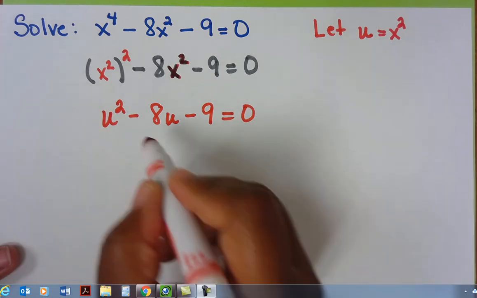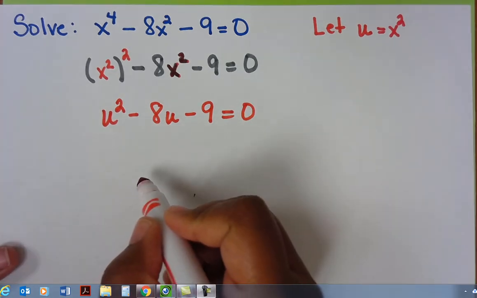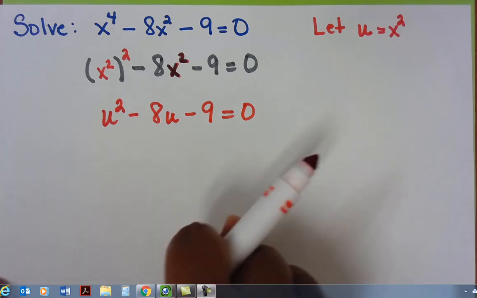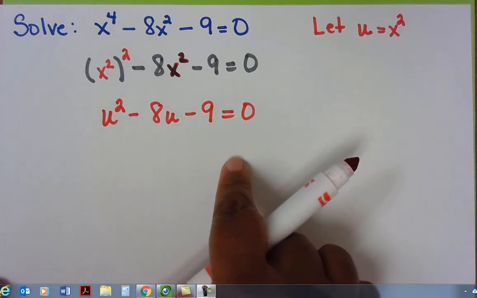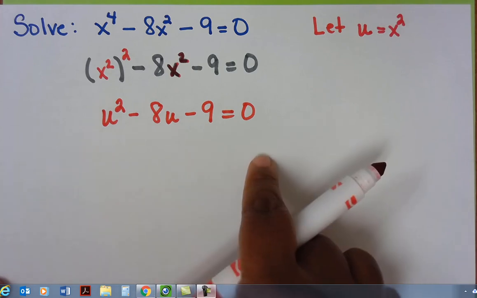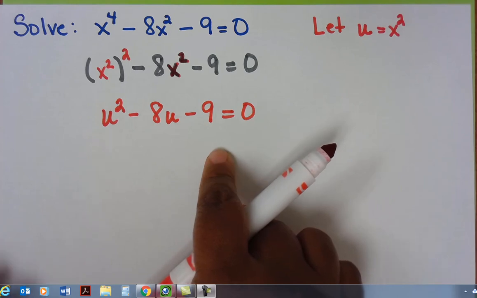So now we brought it back to a simple quadratic equation. And then we solve it. We can solve it by graphing, by completing the square, using the quadratic formula, or we can factor. I first try to see if this can be factored, and it can be.